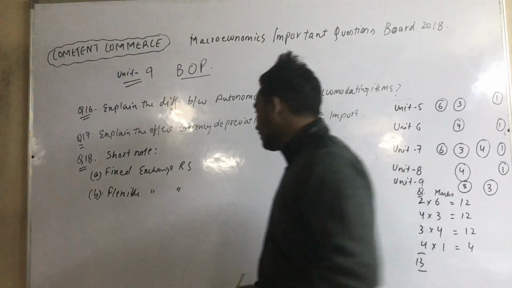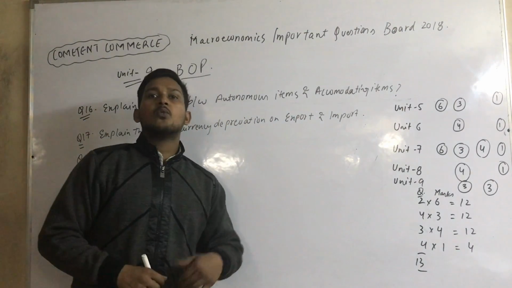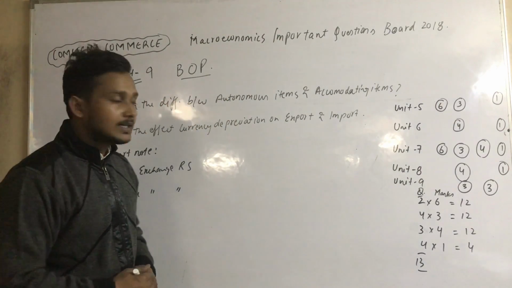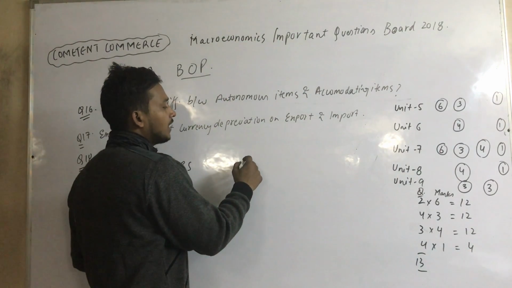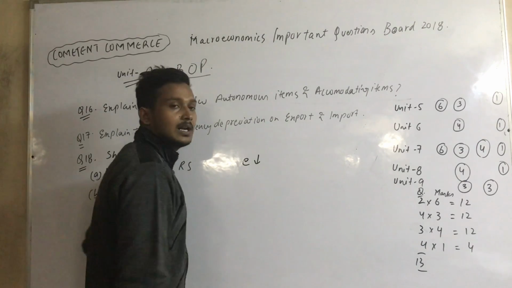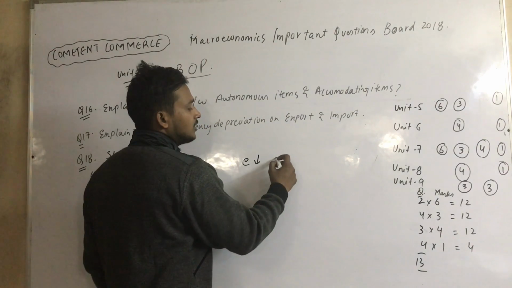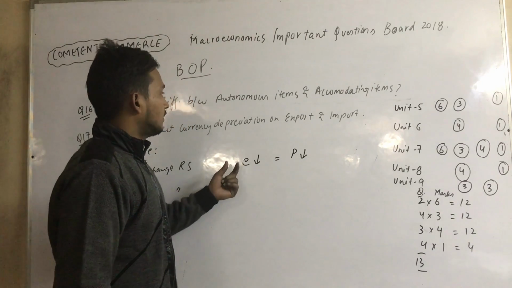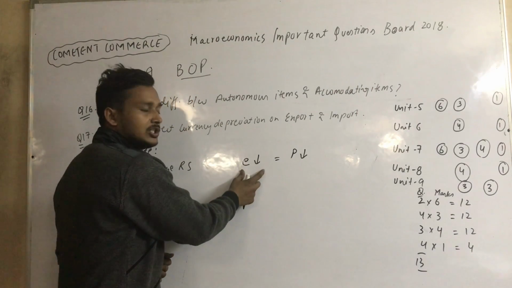What is currency depreciation? Currency depreciation means fall in the value of the domestic currency in comparison to foreign currency. So due to currency depreciation, exchange rate of the currency falls.